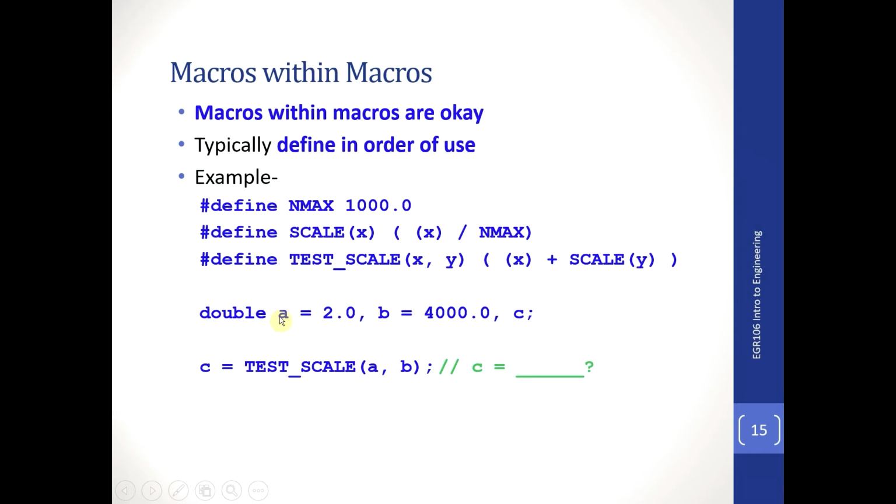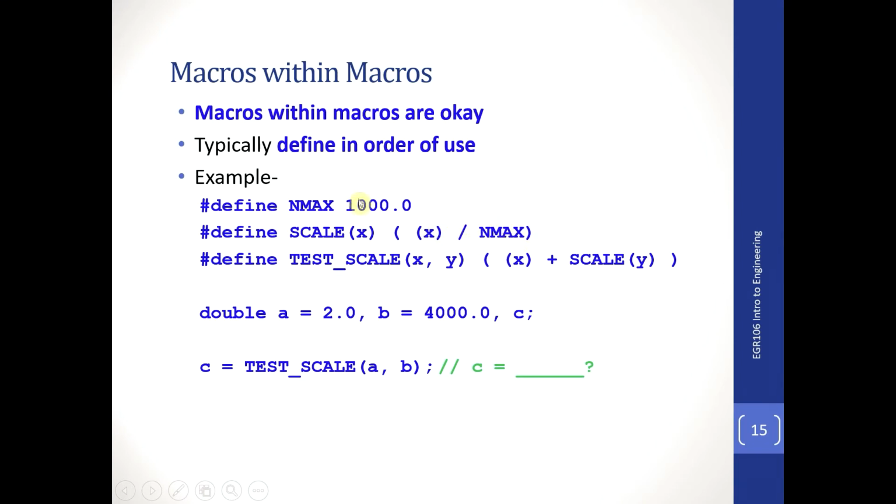Let's talk through this. So we're going to have A is 2.0, so that gets passed here, and B is 4,000, and that gets passed here. So let's look. A is 2.0, so 2.0 goes here. And B is 4,000, and that goes here. Well, this 4,000 is actually now an input to scale. So my input's 4,000, so that 4,000 is going to go up here. 4,000 is going to get divided by nmax.